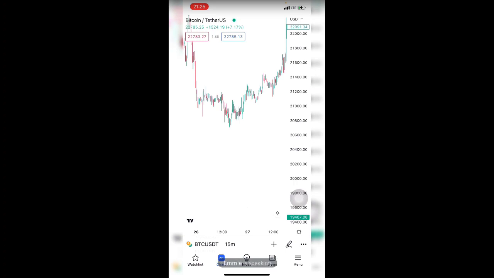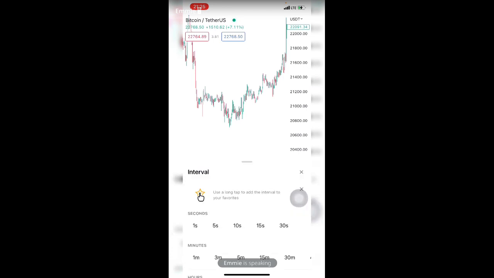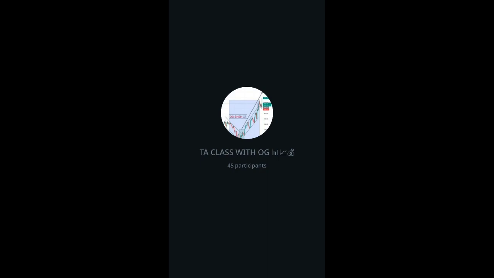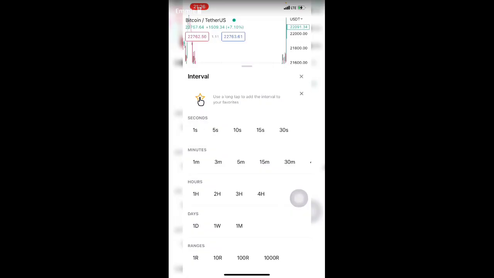All this external time frame, you will change this 15 minutes to external time frame. It starts from 4 hours down. External trend line starts from 4 hours, 1 day, 1 week, 1 month. Those are external trend lines.